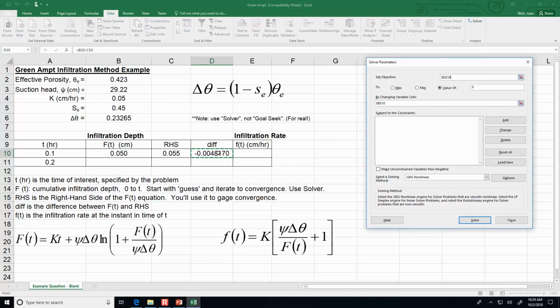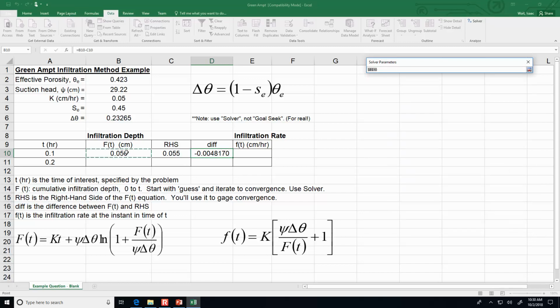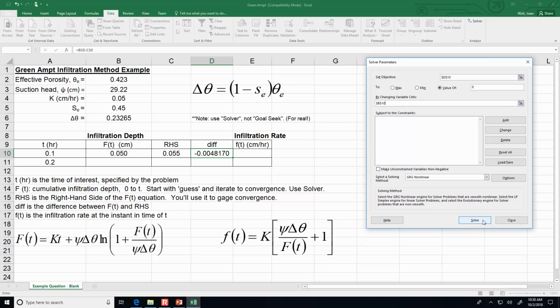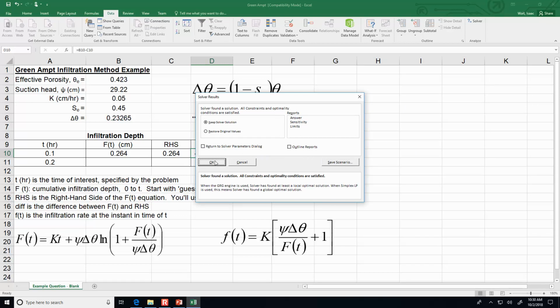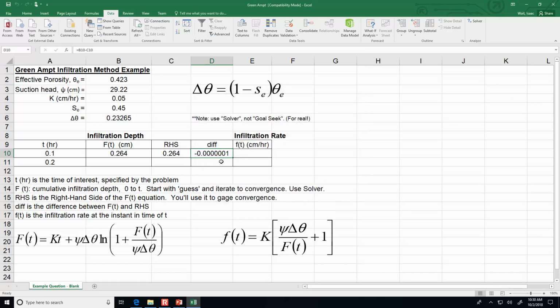Our objective is the difference between the left side and the right side is 0. So set objective to a value of 0 by changing this guess, left-hand side, and click OK. And then keep the solution.